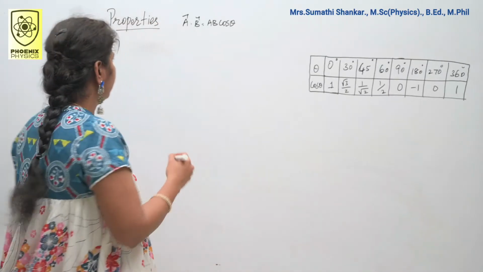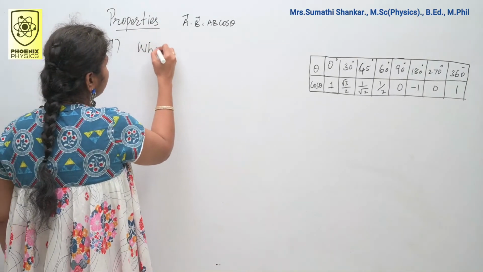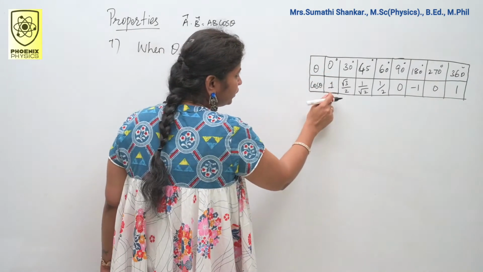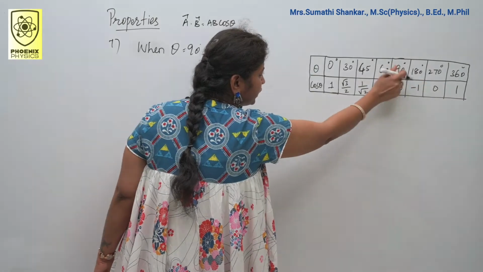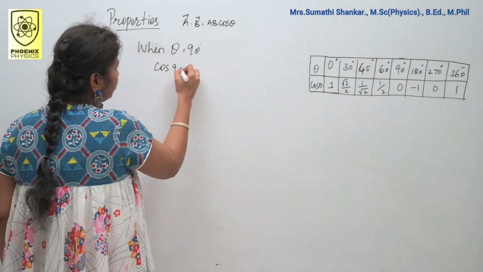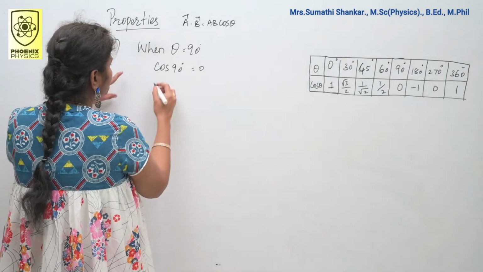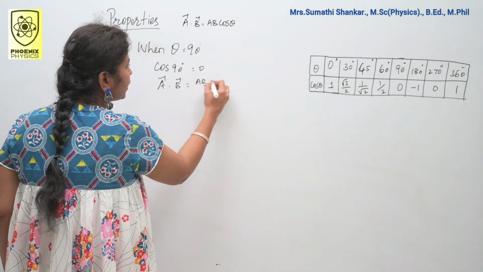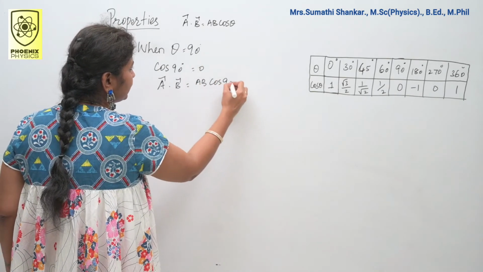Next property, when theta is equal to 90 degrees. If it is 0 the cosine is 1, at 180 it is minus 1, and at 90 degrees, what is cos 90 degrees? 0. You know the formula, A dot B is equal to AB cos theta. Instead of theta you write 90 degrees.